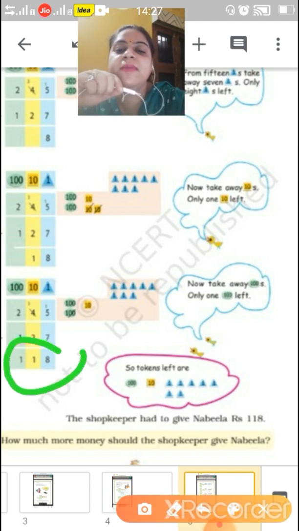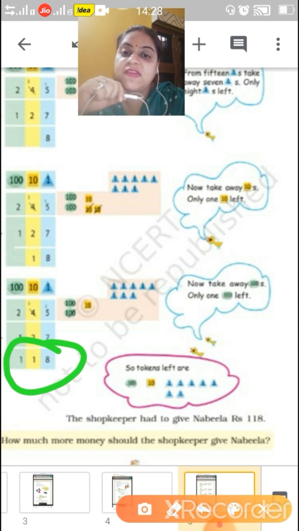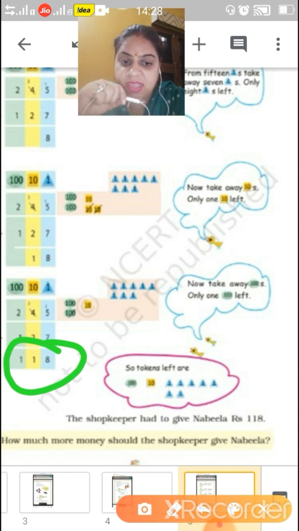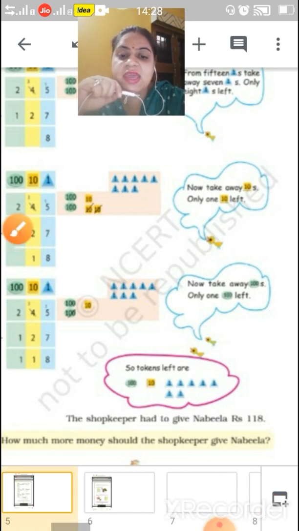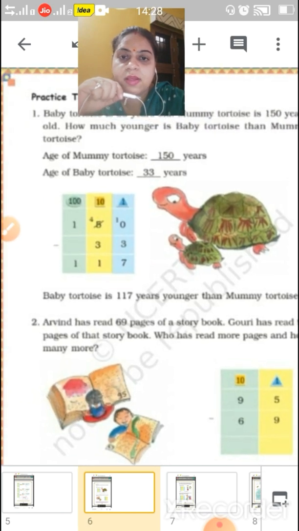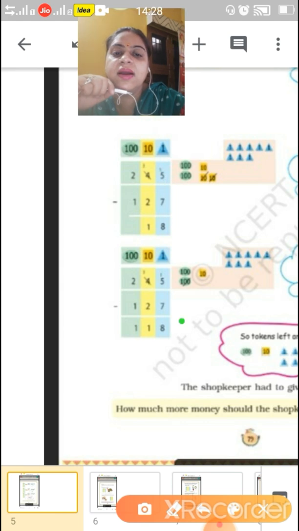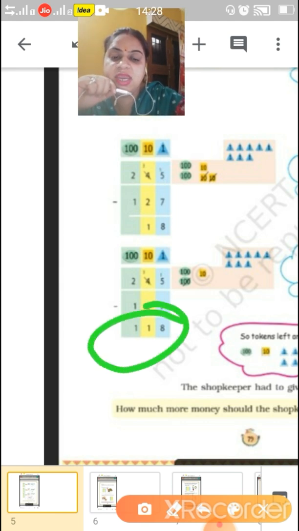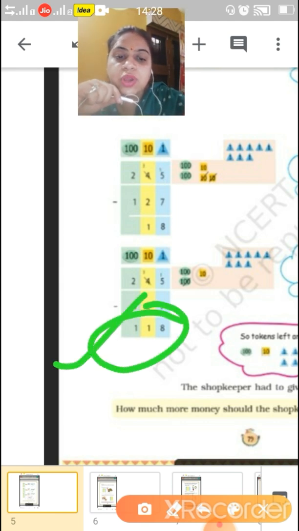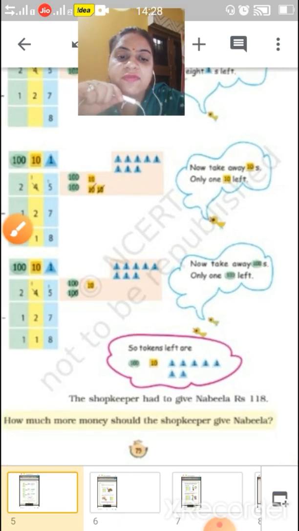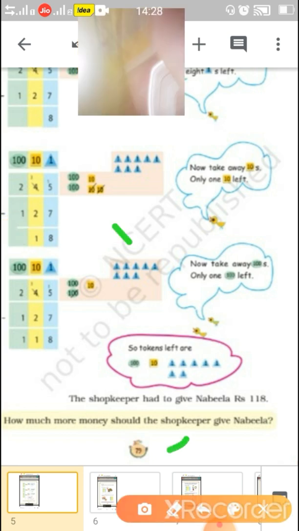We are getting 118, but she is getting 20 rupees less because he is giving 98. So 118 is our correct amount. What will we write here? The shopkeeper had to give rupees 118 to Nabila.